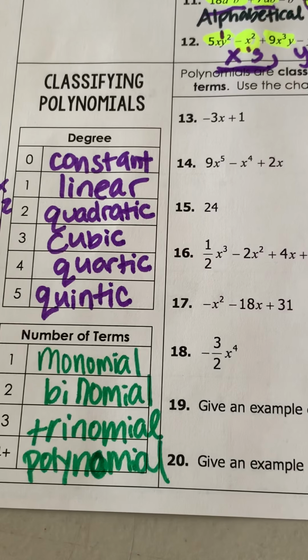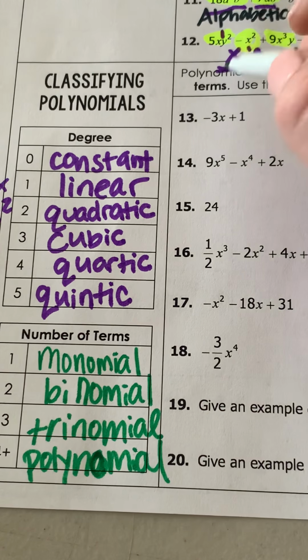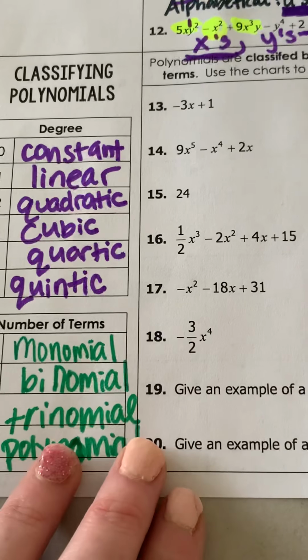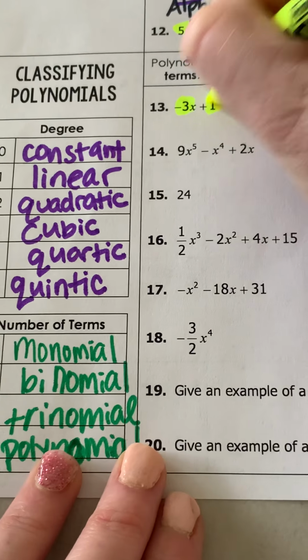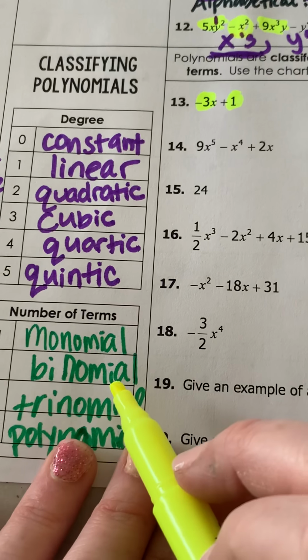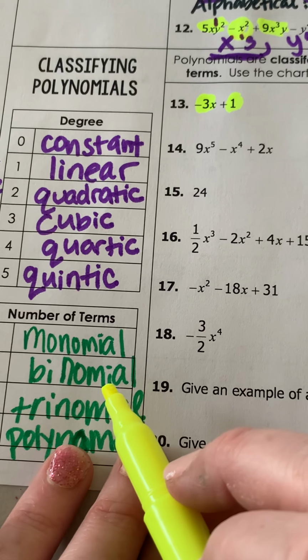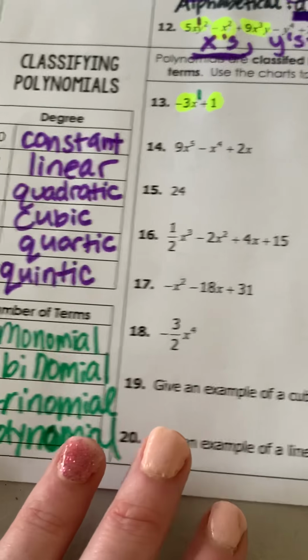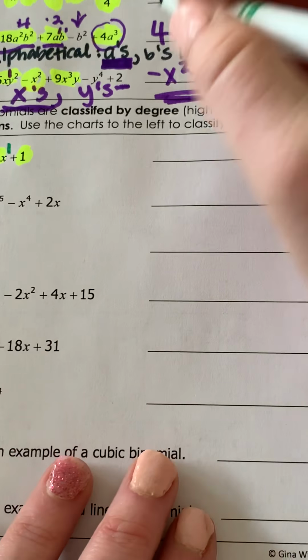So like 13, how many terms do I have? They're separated by pluses and minuses. So I have 1, 2 terms. That makes a binomial. And what's the degree? Well, this is x to the first, so this is a linear binomial.